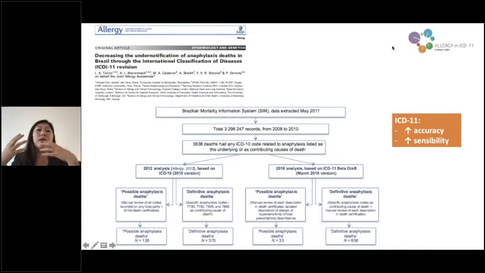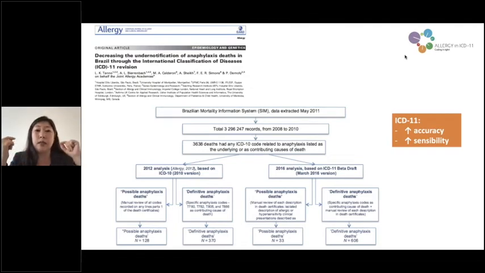This work has been done based on the data we selected in 2012, in which we analyzed more than 300 records of anaphylaxis deaths, and we reviewed all the data from the ICD-11 perspective. What we found in this research was very high accuracy and very high sensitivity of ICD-11 when we applied this concept.